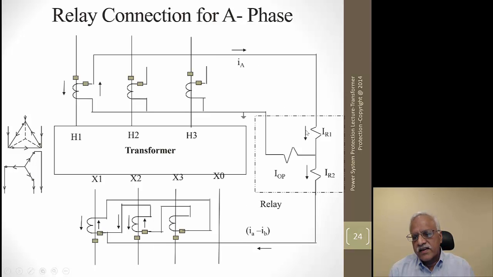So what we are seeing here is the IA current which is coming in here will be IA minus IB on the low side. These two currents will be 180 degrees out of phase. You can go through and look at how it is possible, and then you find that these two currents will be 180 degrees out of phase, and they select the CT ratios in such a way that the magnitudes are close to each other. Okay.